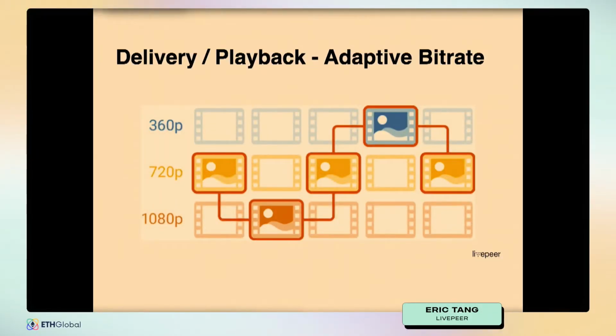Imagine I'm walking on the street near my home where there's pretty good cell reception, and I'm watching a 720p. I get home, I'm on my Wi-Fi. It automatically switches to 1080p, right? Maybe then I go for a run and I run through an alley where there's no good Wi-Fi reception. It can go directly down to 360p.